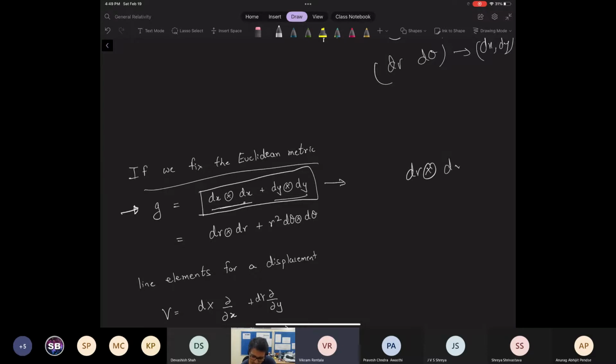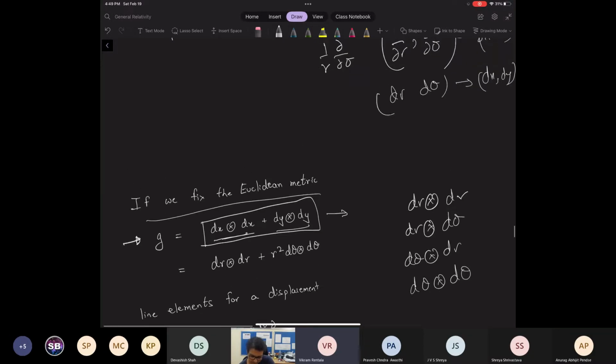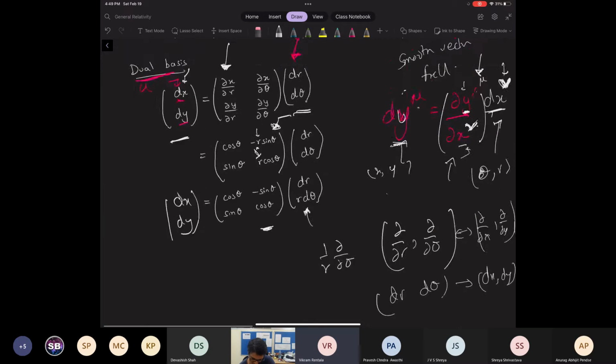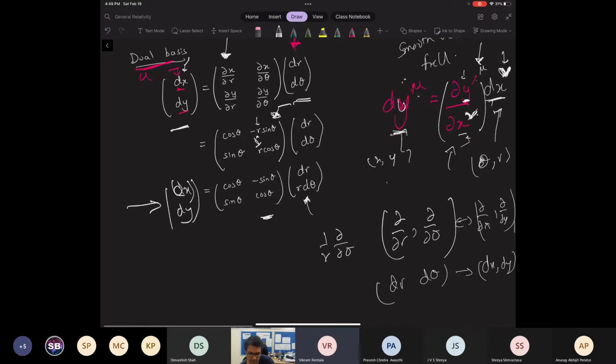Okay, so in general, we'll have terms like this, and this. So you can work out this transformation law using this. So this is a dual basis vector expressed in terms of dr and d theta.